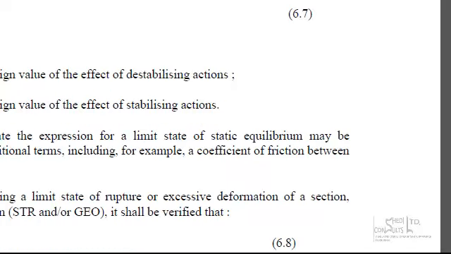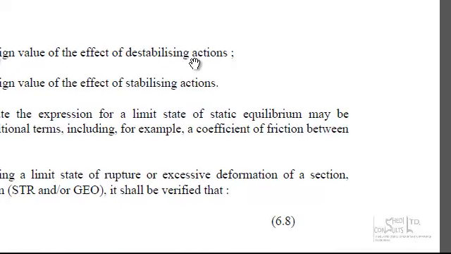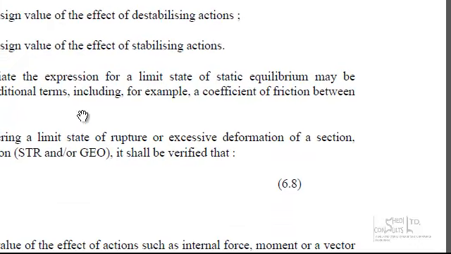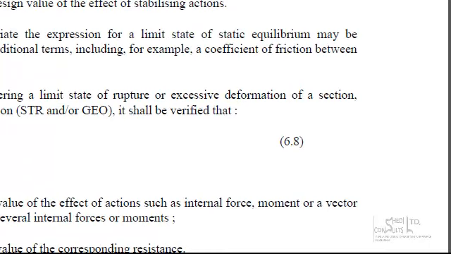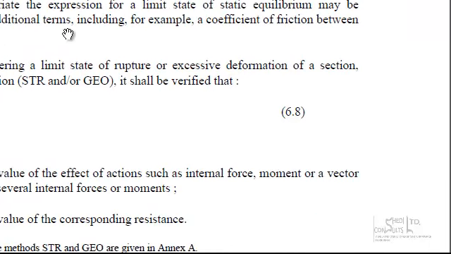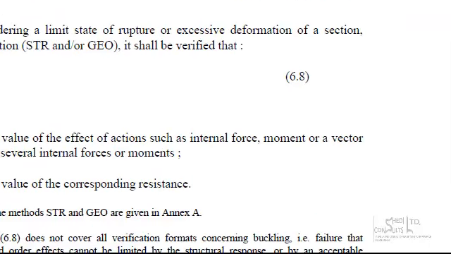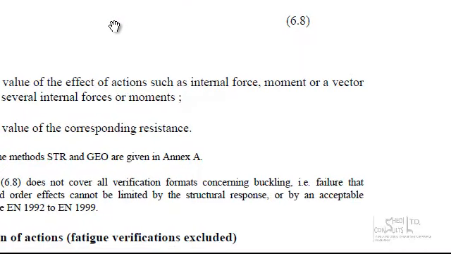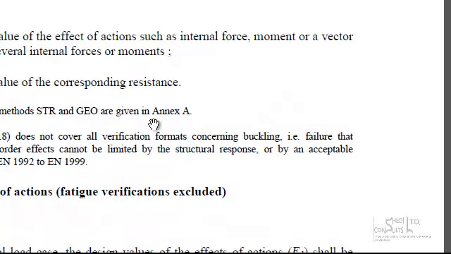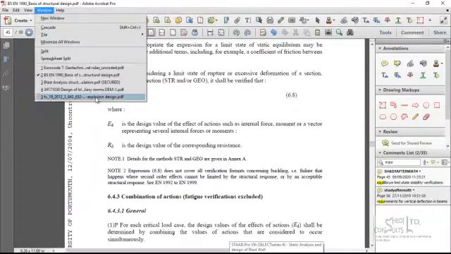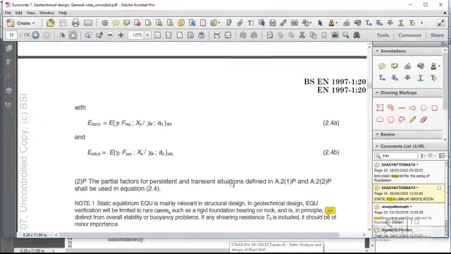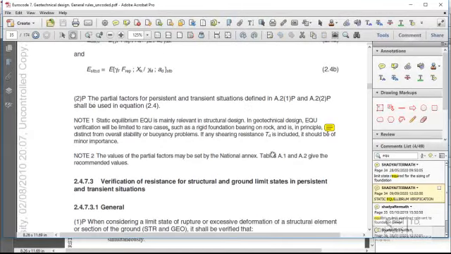So these are the design stabilizing forces. These are the design value of the stabilizing action, and these are the design value of the destabilizing action. So it states that this may be substituted in accordance with the relevant annex. The partial factors of safety to cater for these conditions are stated clearly in the relevant annex. So we need to check the stability against sliding, stability against bearing capacity failure, and then stability against overturning.